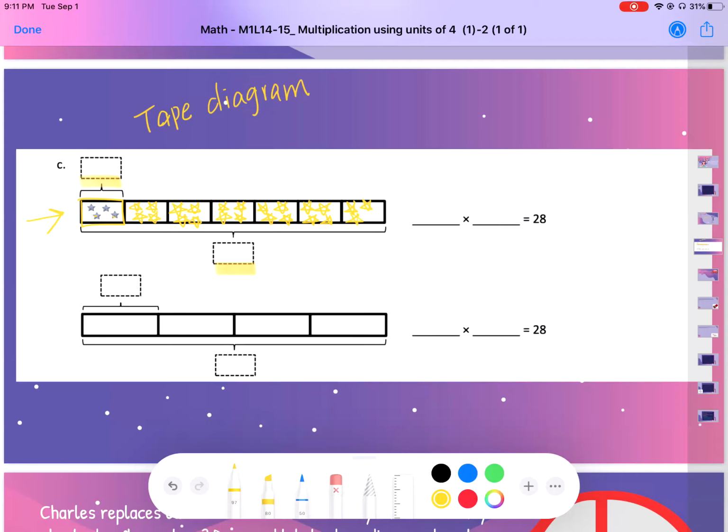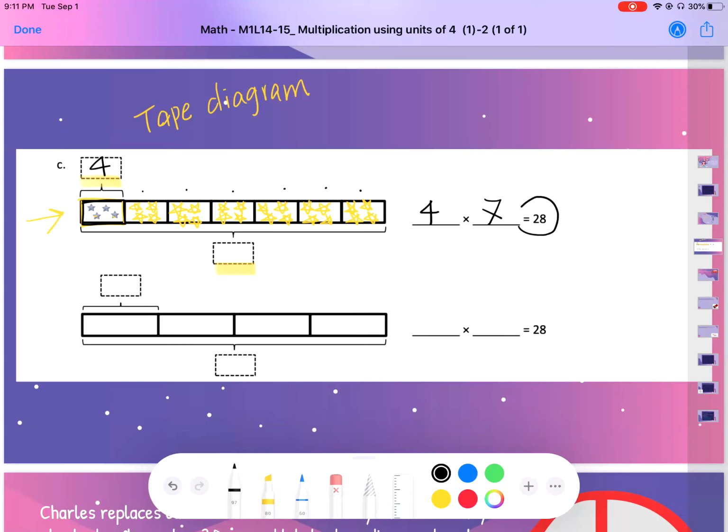After I draw all the stars, I'm going to go on and label the diagram. For the box on top, we write down the number of stars in one box. In this one box, we know that there are 4 stars, right? And there are 1, 2, 3, 4, 5, 6, 7 boxes.